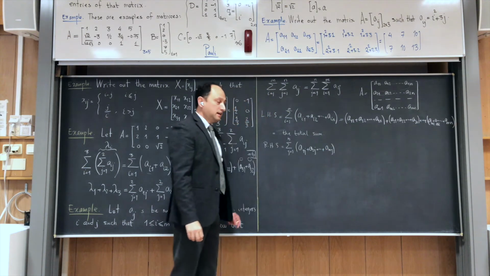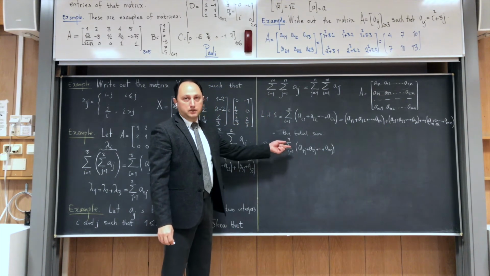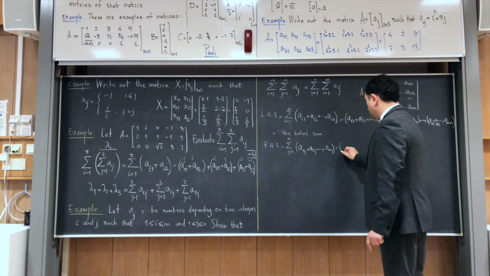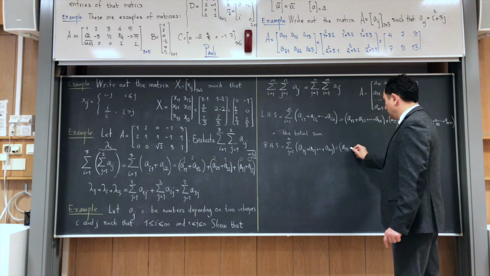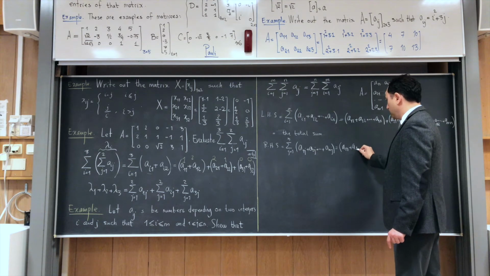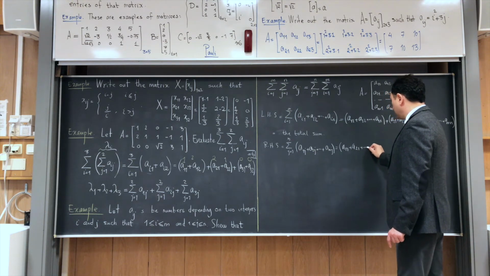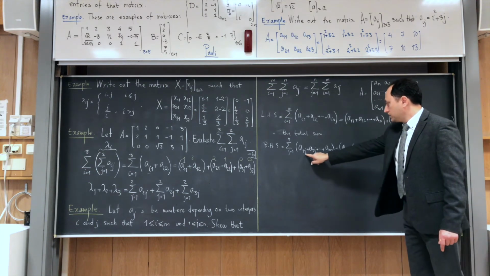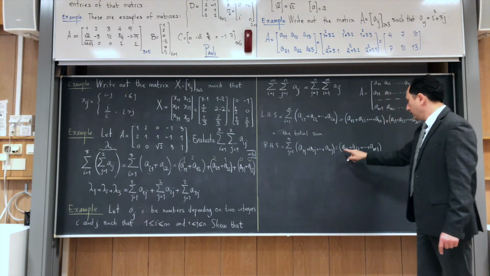Yes? And now I start opening the second sigma by running j from 1 to n. So this means that I would write a11 plus a21 up to am1.